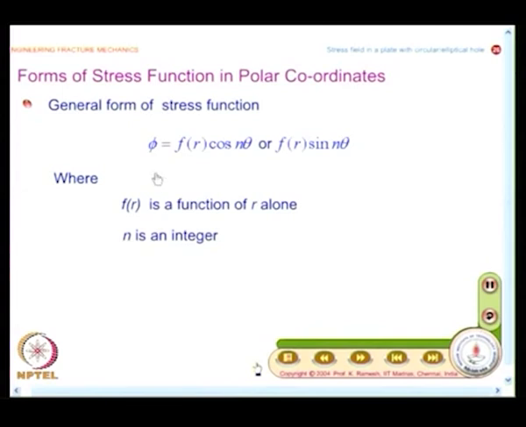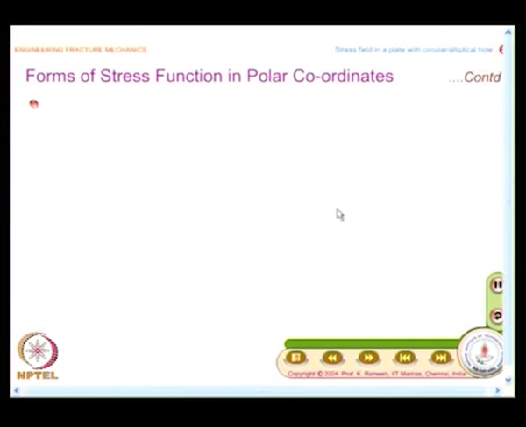In the case of polar coordinates, the generic form is phi equal to a function of r multiplied by cos n theta or sin n theta. You are not taking a very generic expression in terms of theta; you could have a general function in terms of r, and this kind of combination is found to solve a variety of practically important problems, and we will look at each of them case by case.